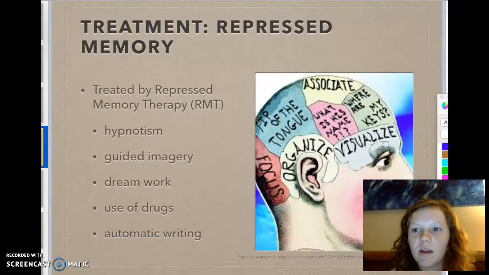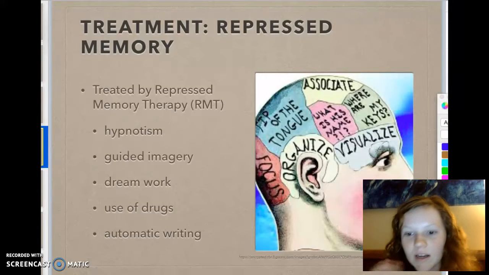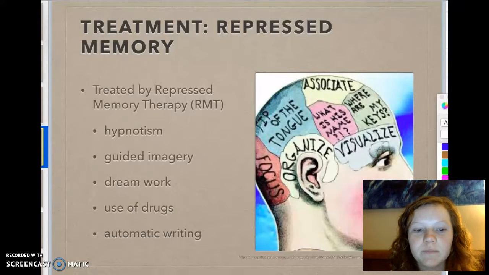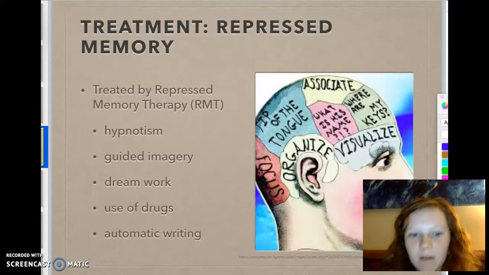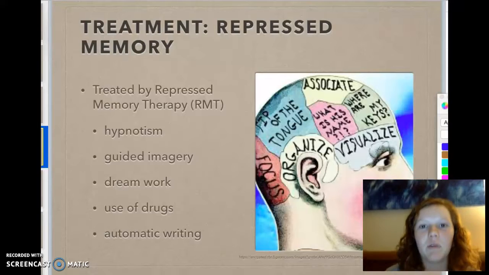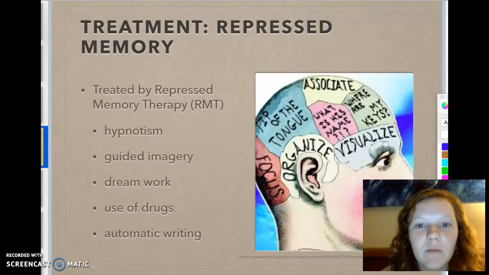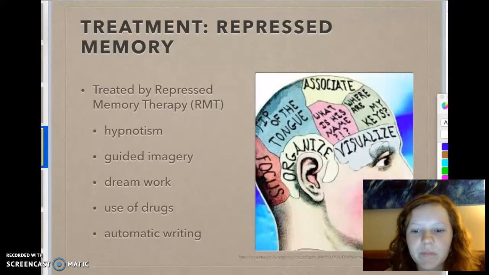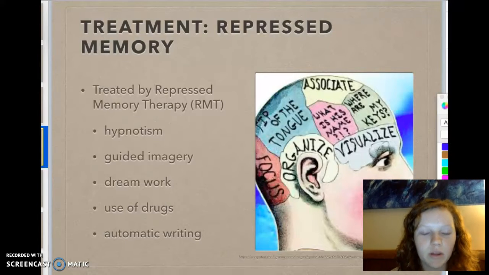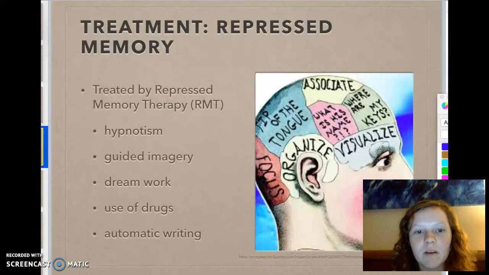Dream work is where they say what you dream about is maybe connected to your repressed memories. And automatic writing is where they just want you to write anything down, and what you write down, maybe something will come to mind. Guided imagery is where they want you to kind of go through the process and come up with some scenes, and maybe you'll come up with your repressed memories.